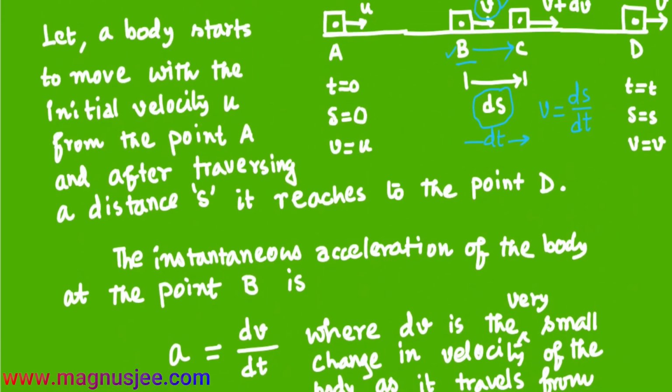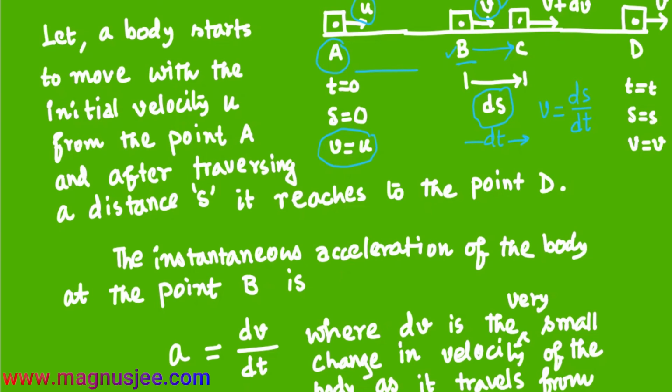At the point A, the initial velocity is u. That's why the lower limit of velocity is u.